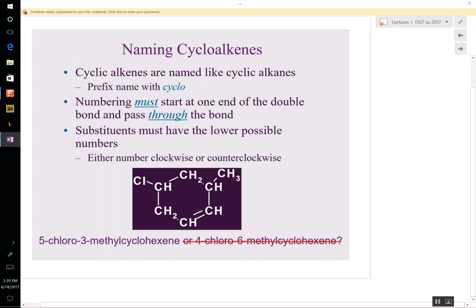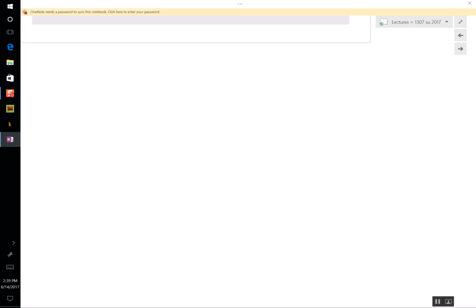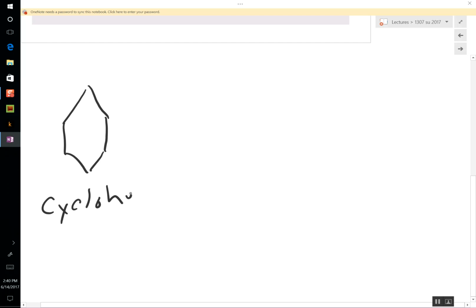Naming cycloalkenes. So you've already been introduced to this cyclohexane. Before we look above there, let's just look at a simple one.